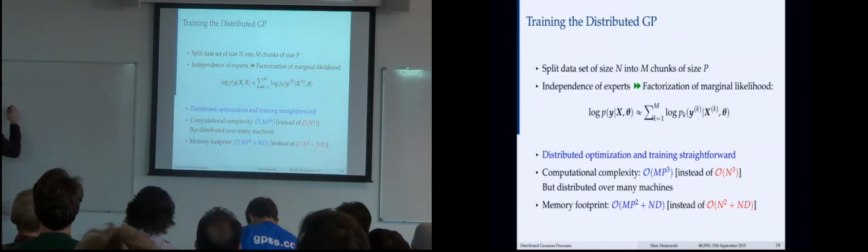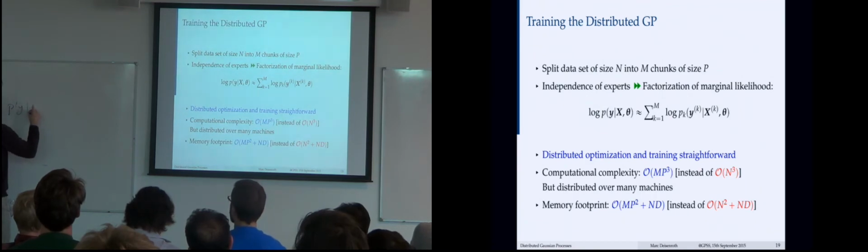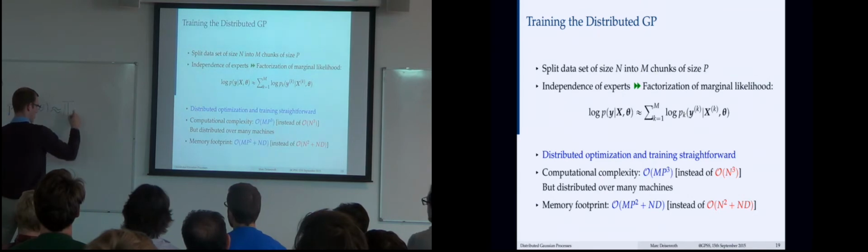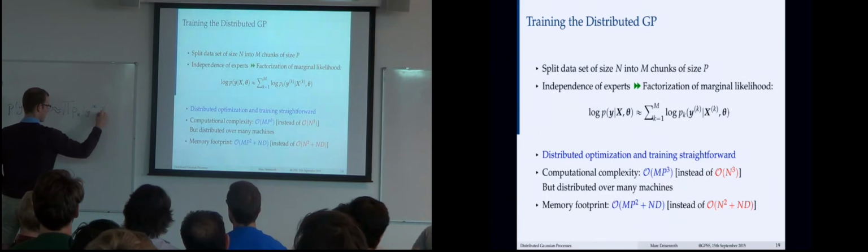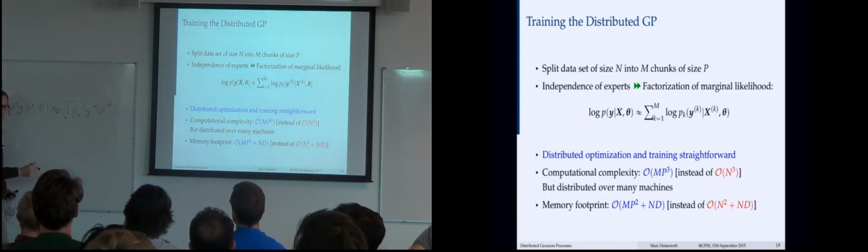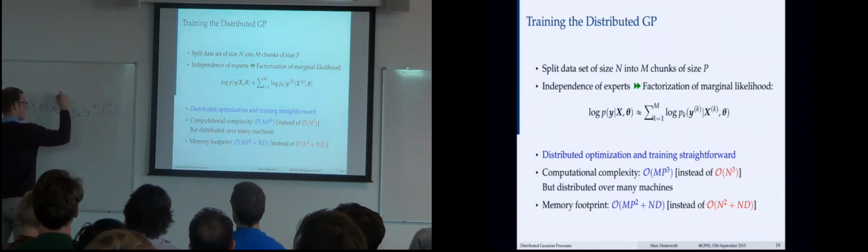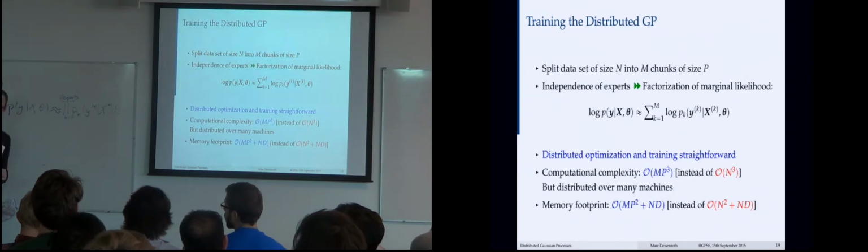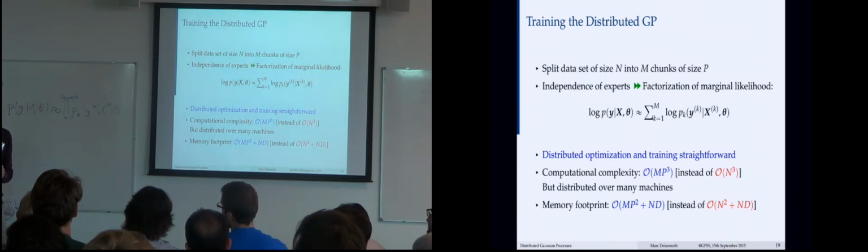So we started with p of y given x and theta, and the approximation is to write this down as a product of p_k of y_k given x_k and theta, with k equals 1 to the number of experts. That's the approximation. But isn't it strict equality because the data points are independent? No.